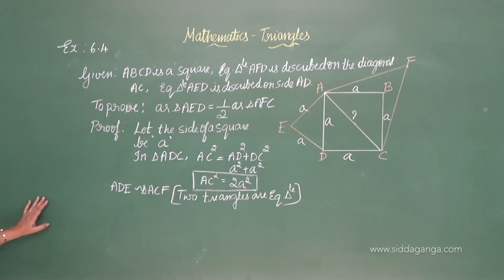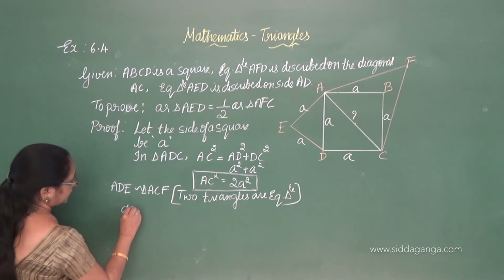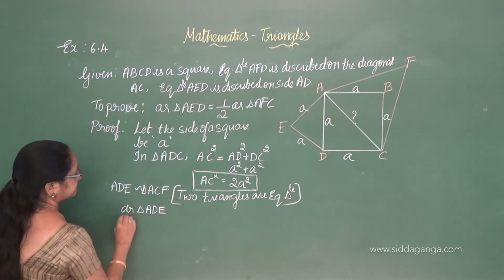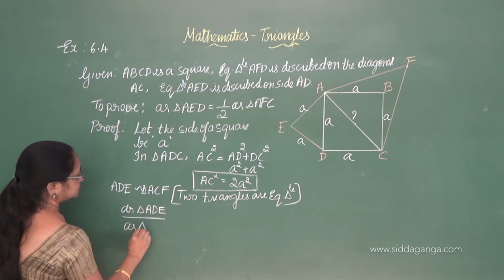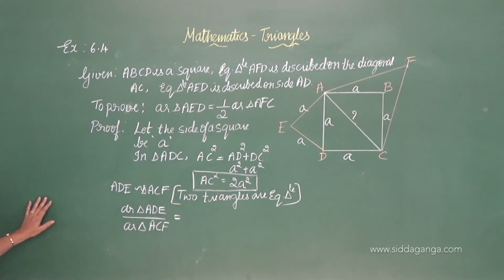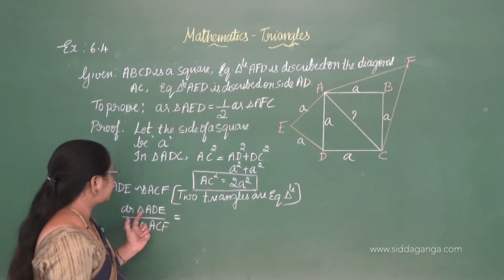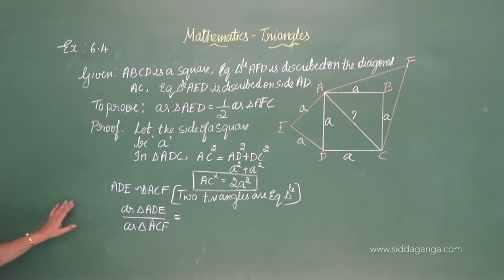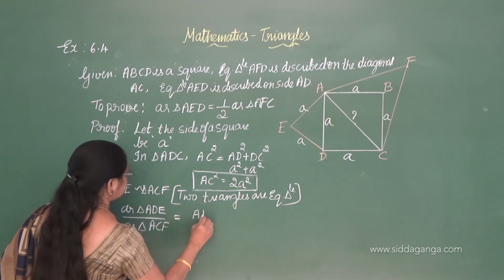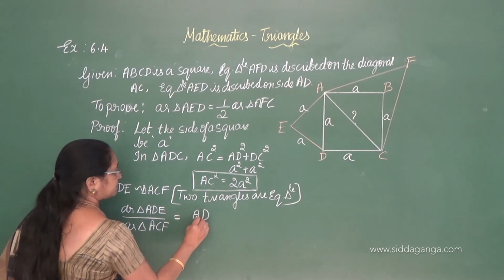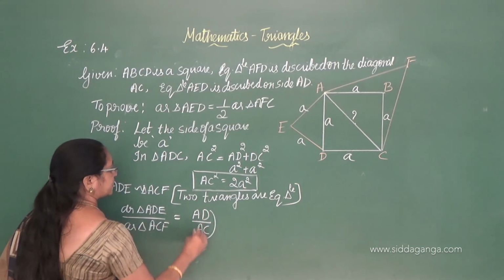Now, can I write area of triangle ADE. Now we'll see the relationship between the area of triangle ADE and ACF. Because these two triangles are similar, we can write AD by AC whole square.